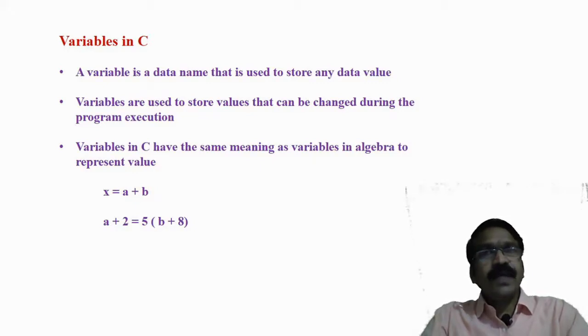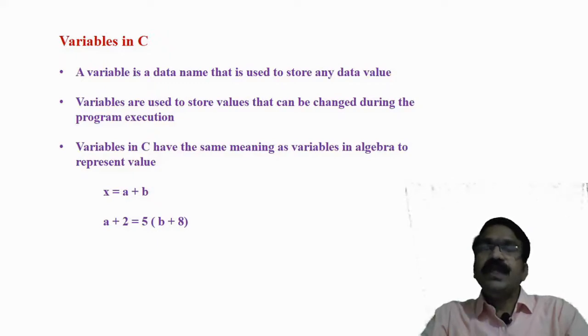The value of a plus the value of b is equal to the value of x in that expression. But in the second statement, we combine variables as well as constants.